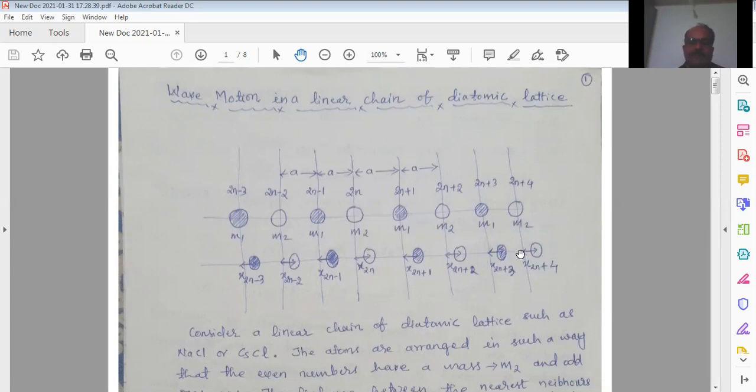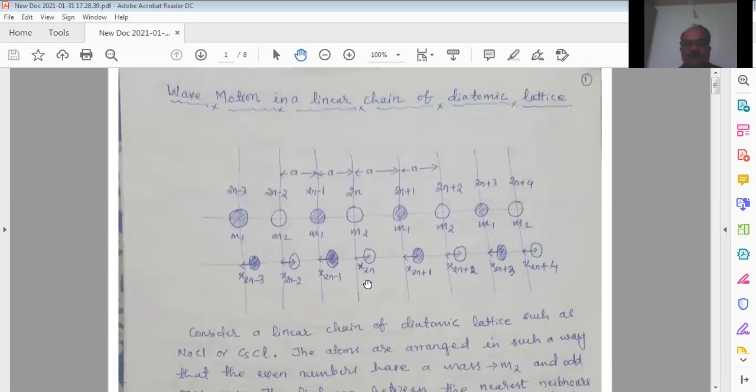When this linear chain of diatomic lattice is excited, let us say at one instant of time, these atoms are displaced to the right in this way.